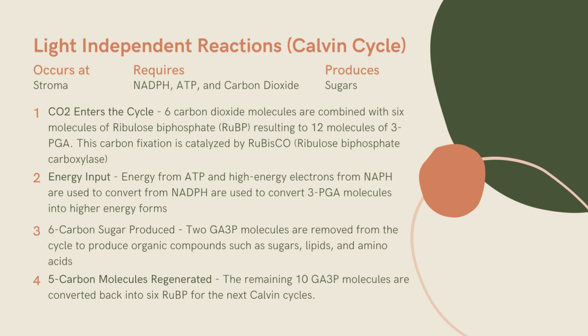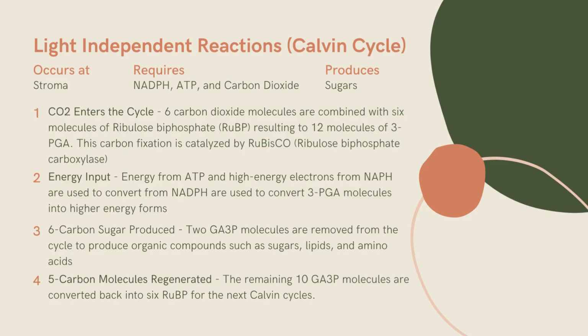So these energy-rich sugars are needed to meet its energy needs and to build more complex macromolecules such as cellulose that it needs for growth and development. When other organisms like us humans and animals eat plants, they can also use the energy stored in the carbohydrates produced in this cycle.